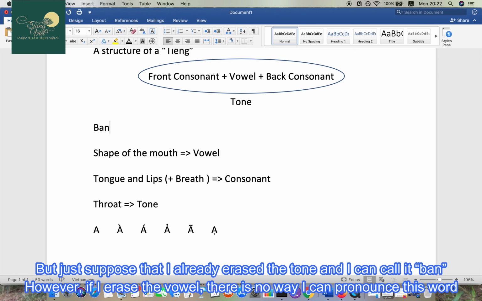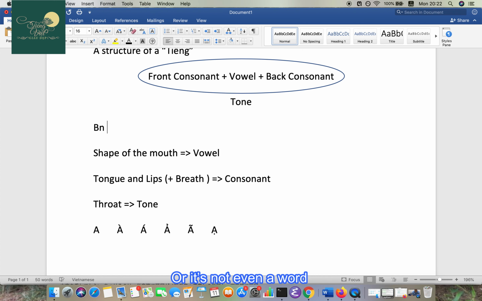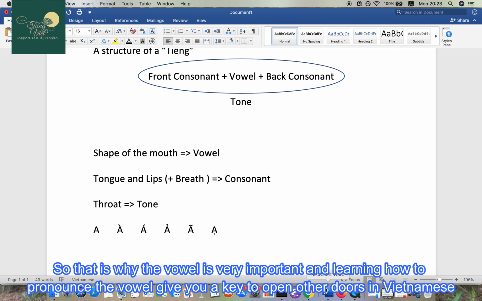However, if I erase the vowel, there's no way I can pronounce this word, or it's not even a word. So that's why the vowel is very important, and learning how to pronounce the vowel gives you a key to open other doors in Vietnamese.